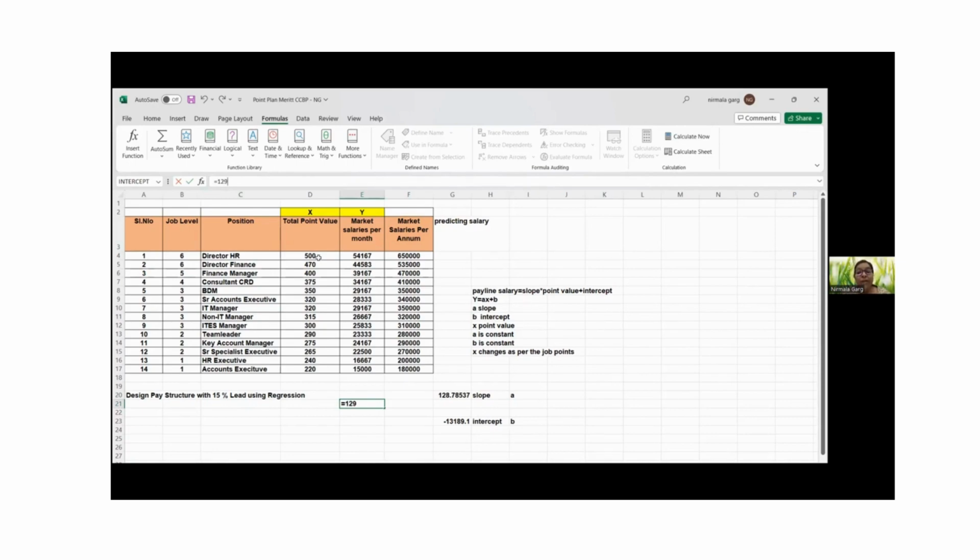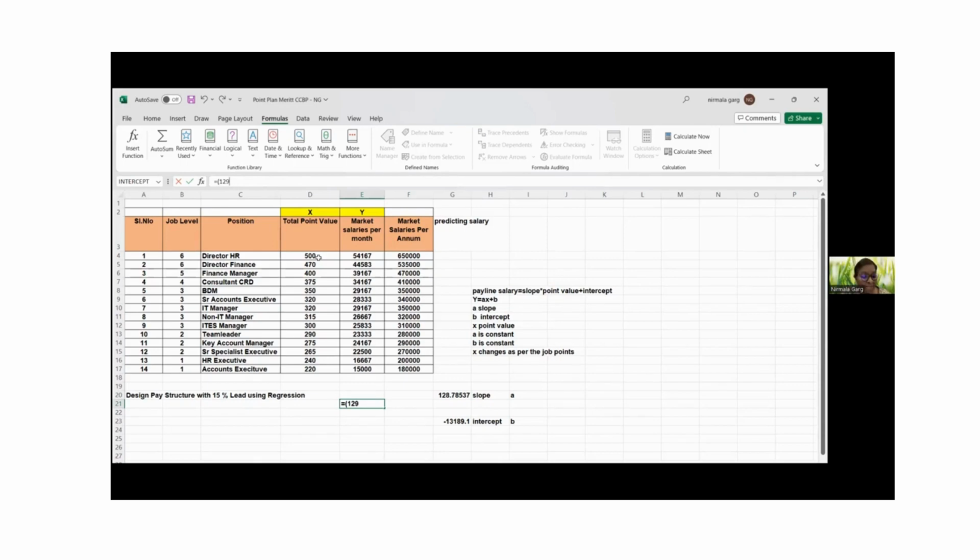So you have to multiply 129 with X. I typically hardwire it, because 129 is constant. The slope and the intercept values are constant for all the positions.